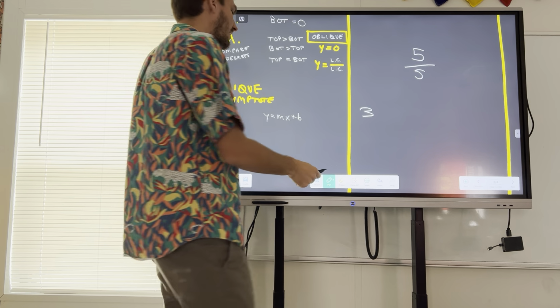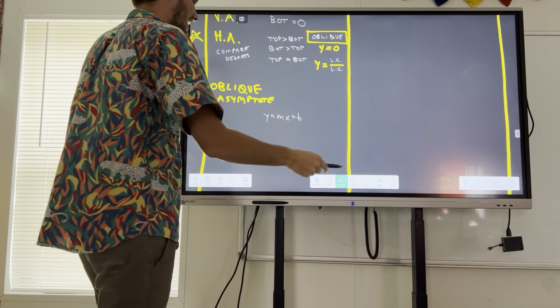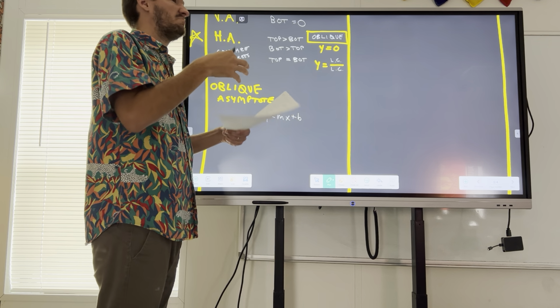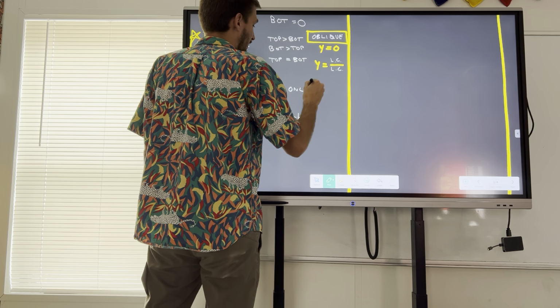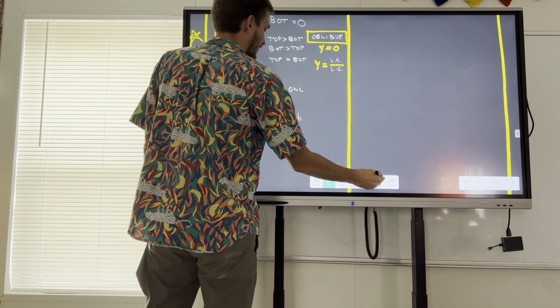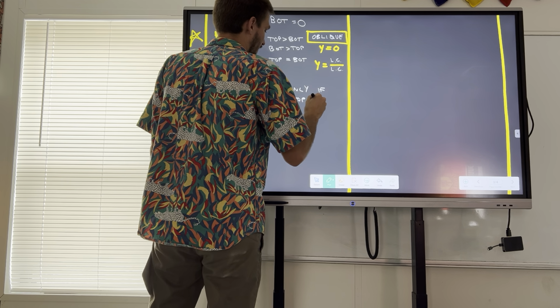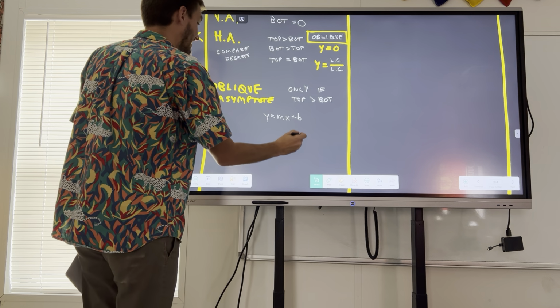That's easy to do. It's only when we have a bigger degree on the top that the oblique asymptote actually comes into play, because we have some extra, basically. So only if top is bigger than bottom. Of course, I'm talking about the degree there.